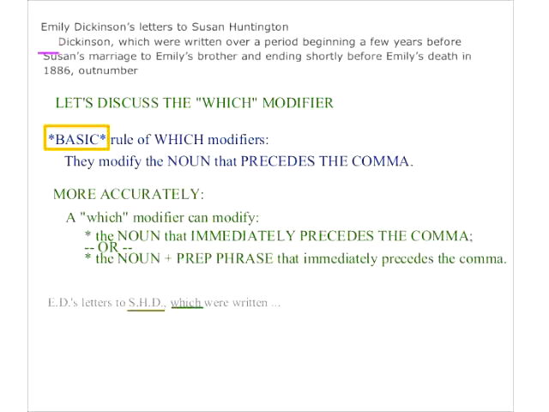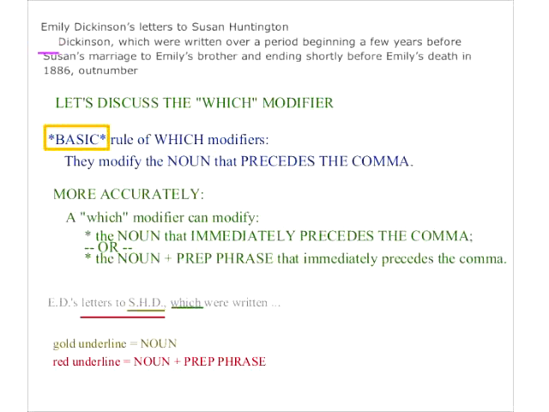But if it modified all of this, letters to Susan Huntington Dickinson, then that would be the noun plus prep phrase. So the gold underline is the noun, the red underline is the noun plus prep phrase.